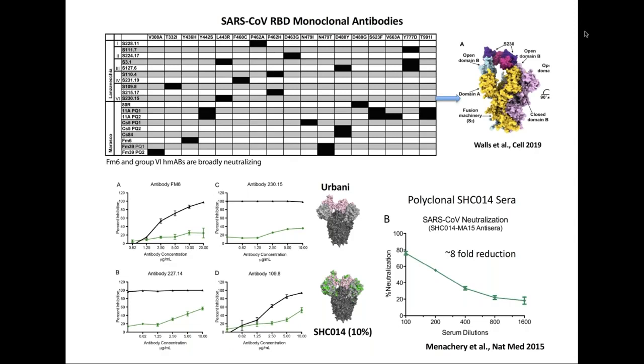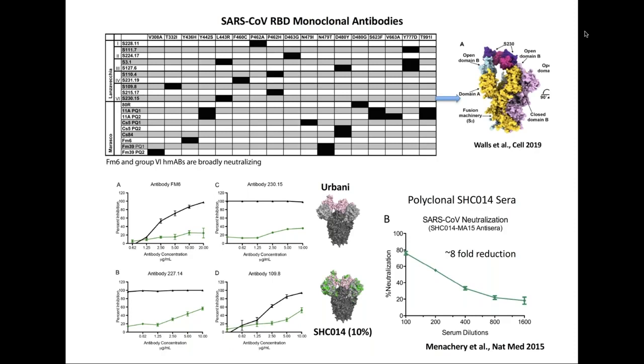If you take the 230 antibody, as well as these other highly broadly cross-neutralizing antibodies, and look in the lower left-hand corner of the plot, FM6 is quite potent against Urbani, but it does not neutralize SHC014. 230 neutralizes Urbani, but not SHC014. 227 neutralizes Urbani and barely achieves a 50% neutralization of SHC014 at the highest concentration of antibody, and 109 shows a similar phenotype.